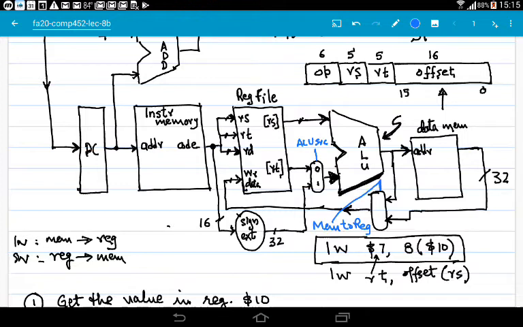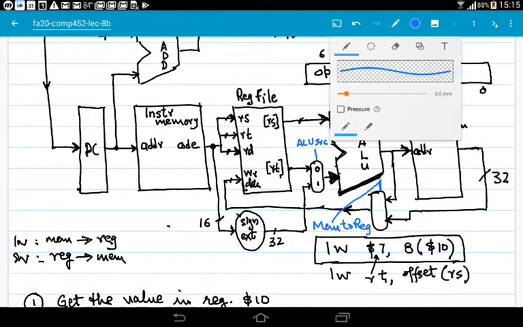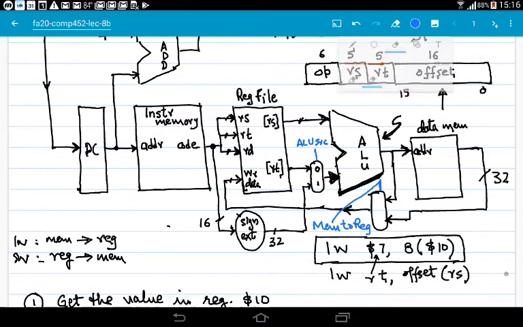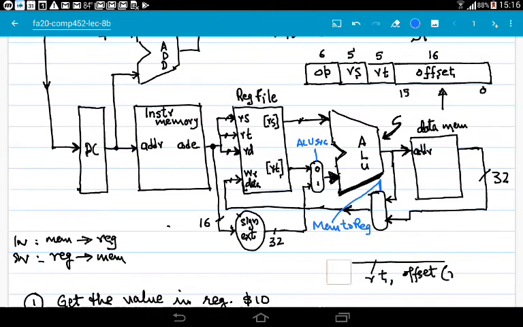Okay, now we are still not done yet. Actually, let me redraw this figure because I have completely run out of space, and let's move this further down.